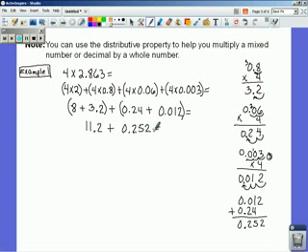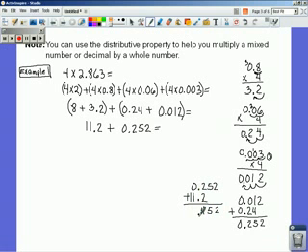Now we just have to combine our last two numbers. So we'll come to our scratch area again. We will write down 0.252, and we will add that to 11 and 2 tenths. Again, you notice I put my decimal points directly above one another. So anytime you're adding and subtracting with decimals, you need to do this. 2 plus 0 is 2. 5 plus 0 is 5. 2 plus 2 is 4.